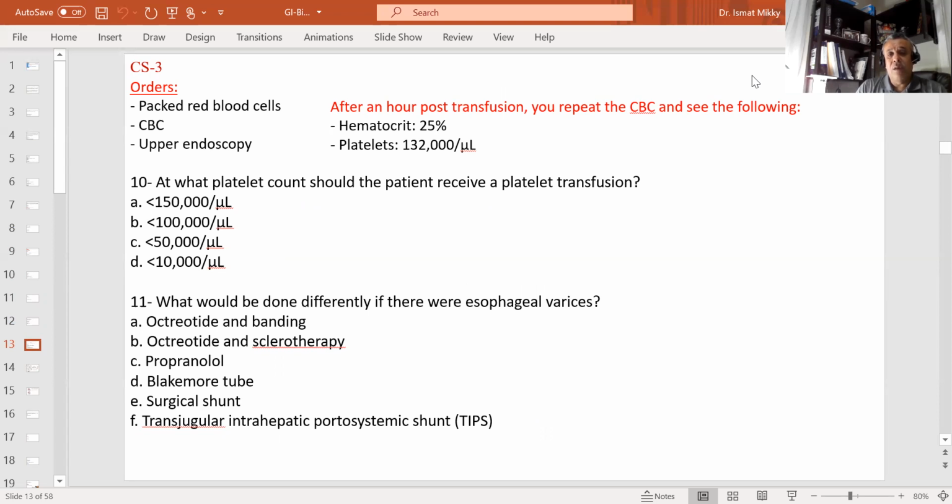The order is to transfuse with packed RBCs and CBC with an upper endoscopy. The hematocrit should increase by about 3 points for each unit of packed red blood cells administered.